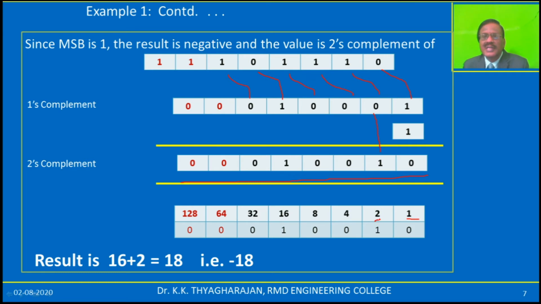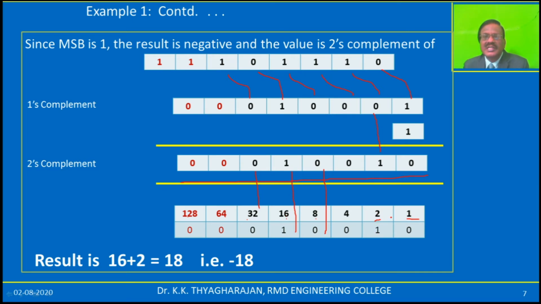First place is 1, second place is 2, 4, 8, 16, 32, 64, 128. You just write this number, 0, 0, 0, that is this one. 1 is here, then 0 is here. All the numbers you write. Now you calculate the value. Under 16 you have 1, then under 2 you have 1.